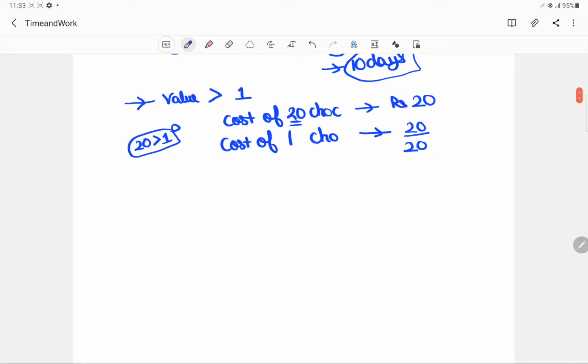You'll get it here. For instance, say cost of 20 chocolates is rupees 20. Say you can do half and all of that.